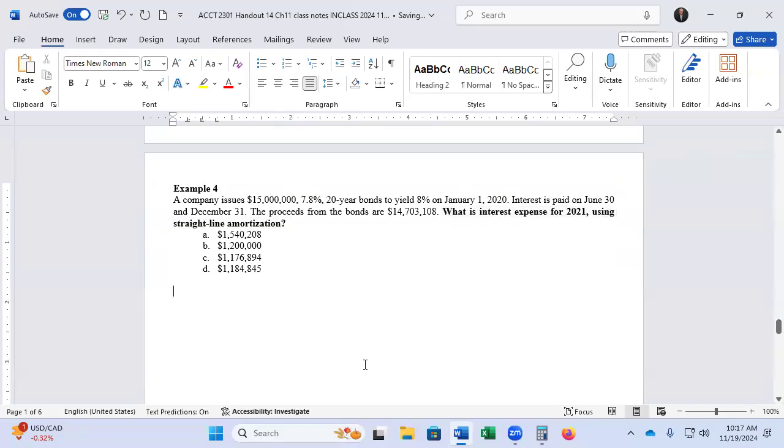Okay, so we have interest payments, 15 million times 0.078 divided by 2, and that's 585,000 per 6 months. So multiply by 2. And I think that was 1,170,000.